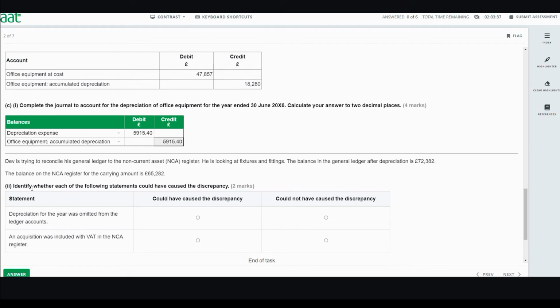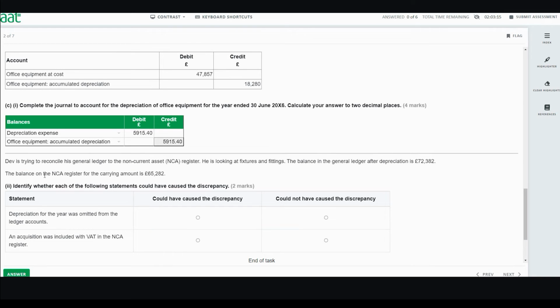Identify now whether each of the following statements could have caused a discrepancy. So Dev is trying to reconcile his general ledger to the non-current asset register. He is looking at fixtures and fittings. The balance in the general ledger after depreciation is 72,382.